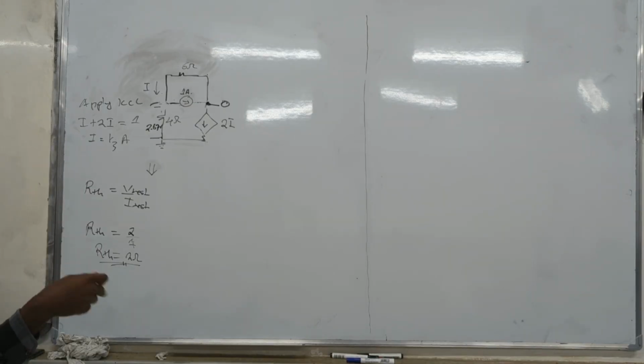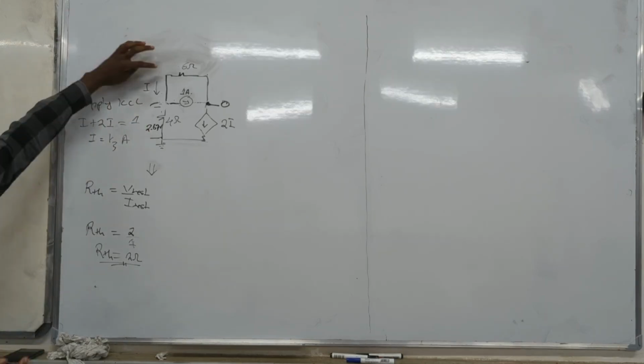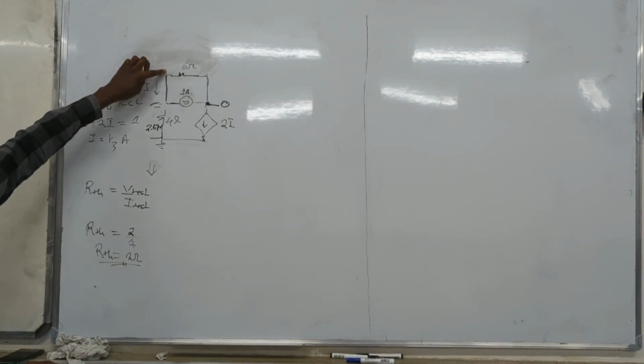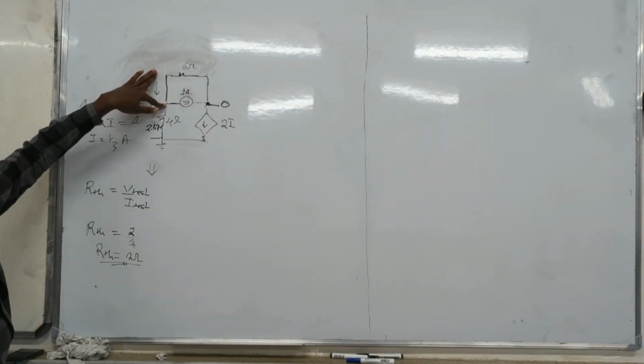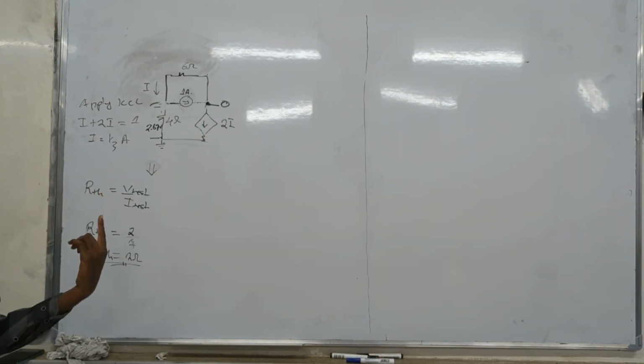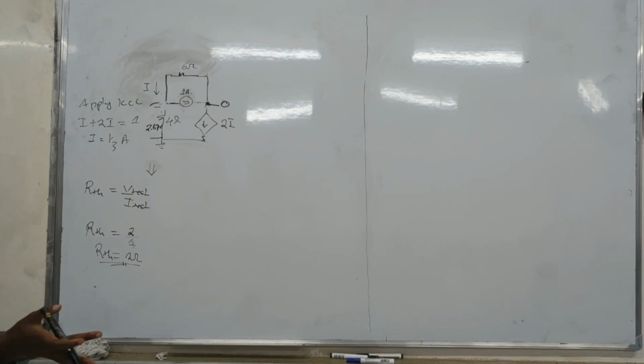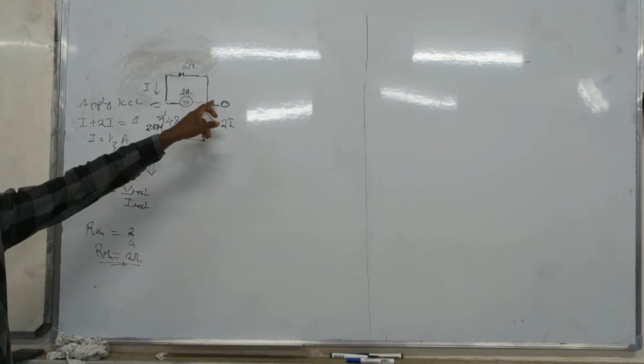Or you can take any point as 0, then walk from that point to one node, and from that point to the other node, then you find the difference. You get your voltage.